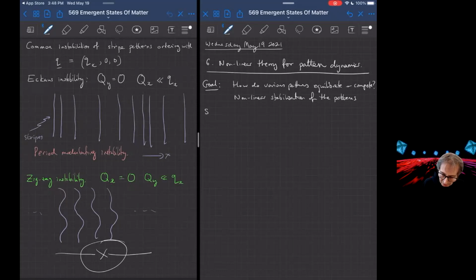So the strategy, which is just to get us to where we want to be as quickly as possible, is we're going to start off with bifurcation theory for 1 degree of freedom.